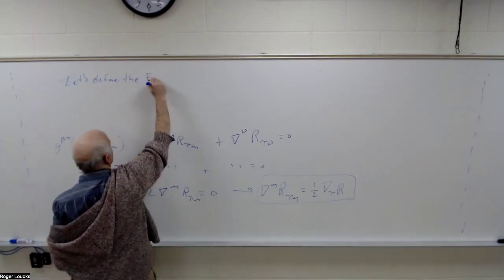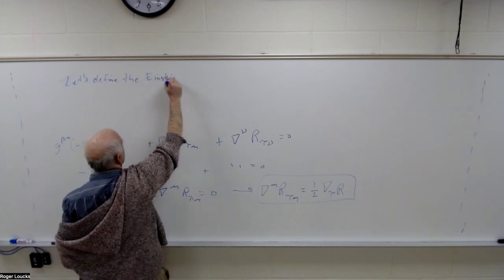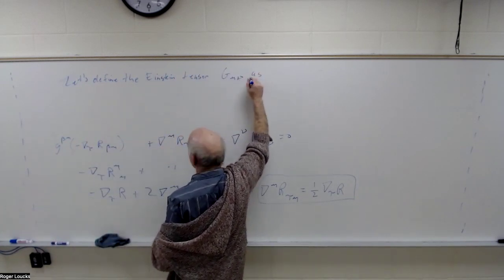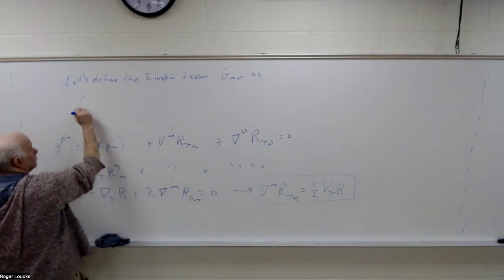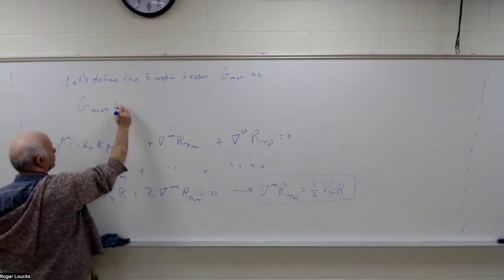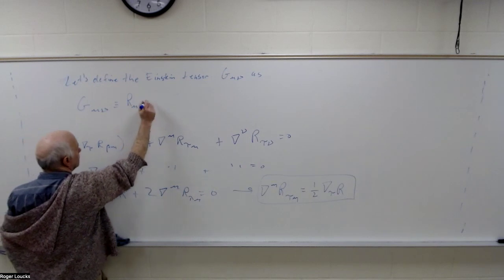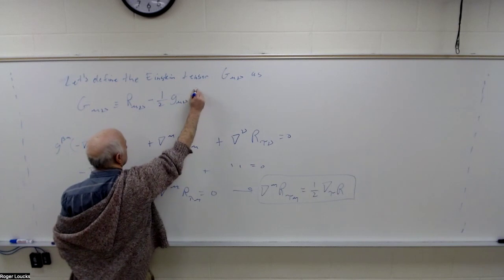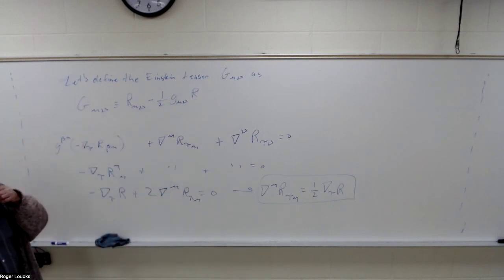The Einstein tensor G mu nu. We've had this before. Define it to be R mu nu minus 1/2 g mu nu times R. That's how we define the Einstein tensor.